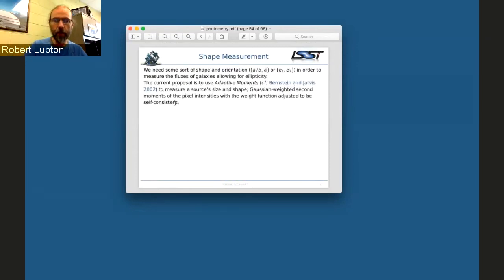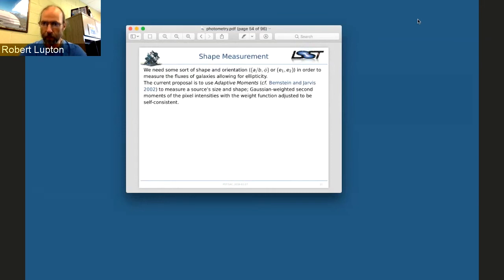Okay, no weak lensing. However, unlike SDSS, we are going to measure galaxy photometry using elliptical isophotes, not isophotal photometry, don't worry. So we need to define which ellipse that is. The current proposal is to use these adaptive moments, which came out of this paper by Gary Bernstein and Mike Jarvis 15 years ago.